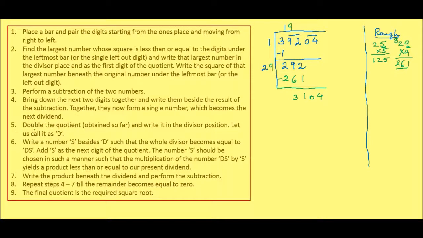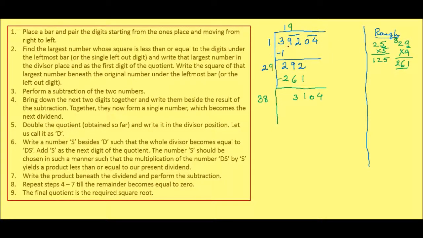Rule number 5. Double the quotient obtained so far and write it in the divisor position. The quotient obtained so far is 19, so we will be doubling that, which will be giving us a value of 38. Again, we have to insert another number, so we have to keep a place for that. Now, we do not have any more digits in the original number.